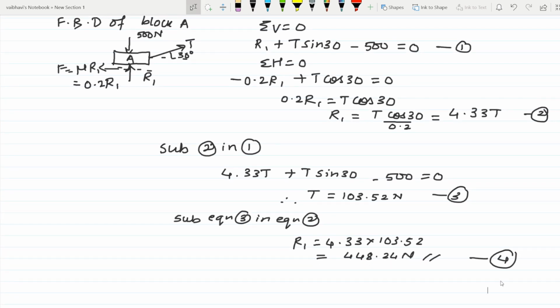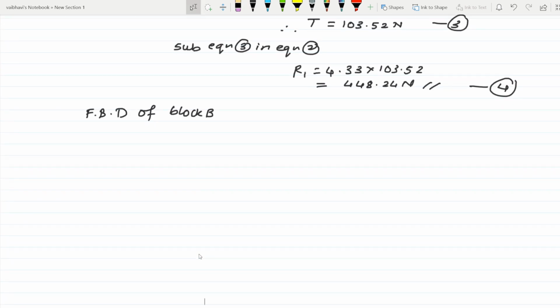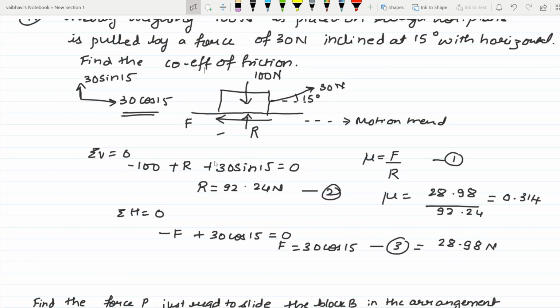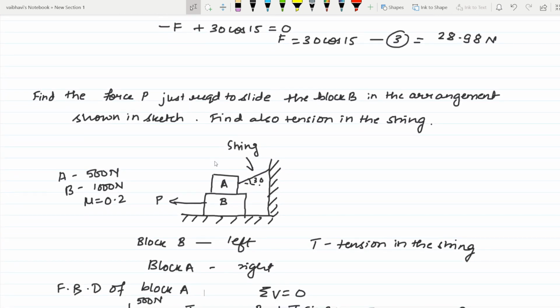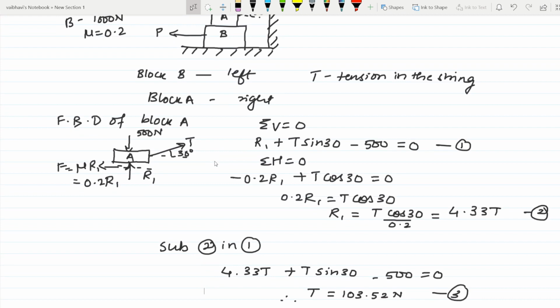We have considered the free body diagram of block A. Next, let us consider the free body diagram of block B. So this is block A and now block B. The force P is acting, and they have asked us to find the force P just required for sliding.